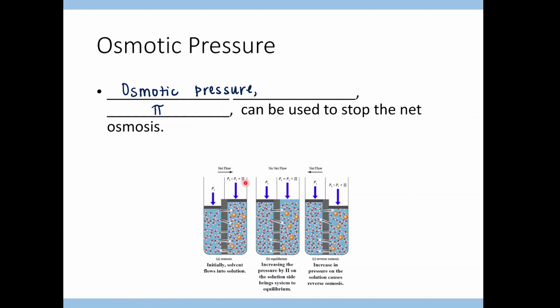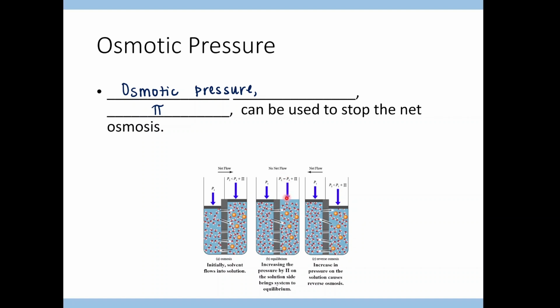Left side, pure solvent. Right side, we have some solute particles. There is a net flow to the right, where molecules from the pure solvent are moving to the side with the solute. What they're really doing is decreasing the concentration on the right side. On the right side, the pressure exerted on the outside, P2, is less than the pressure P1 plus the osmotic pressure. And so these are not even. They're not an even volume.